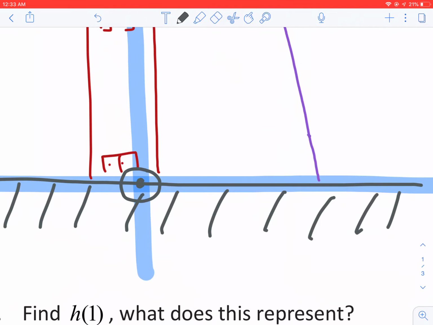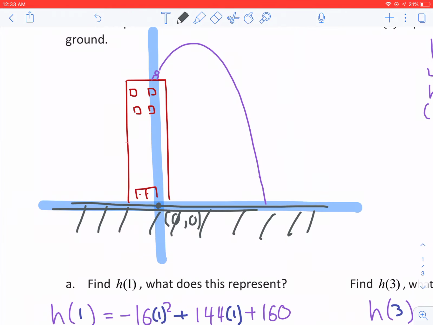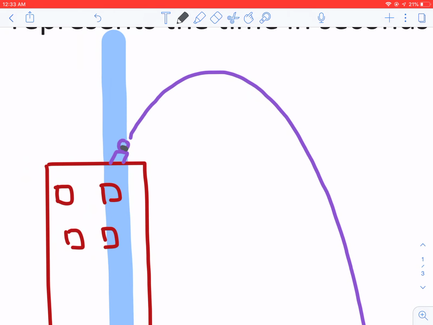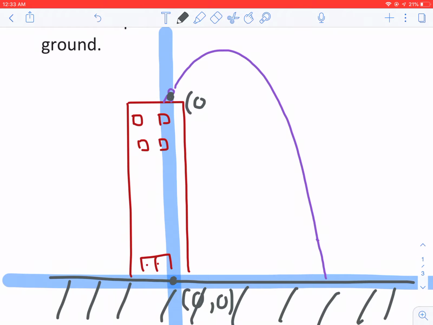So this point right there, wouldn't that be like 0, 0, if that's my x-axis and that's my y-axis? So the initial height is going to be this point. That's going to be 0, whatever this y value is.